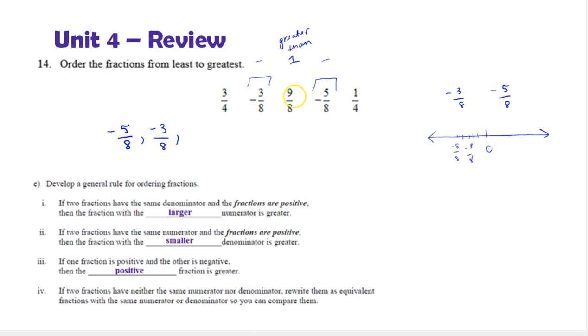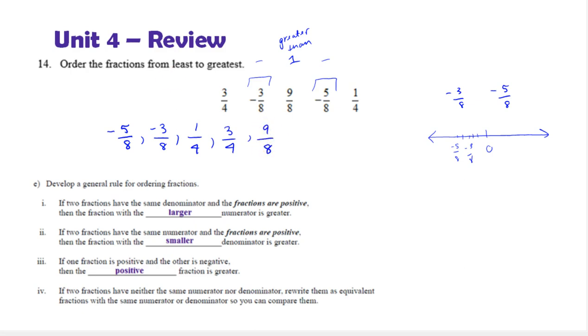So since 9 is bigger than 8, this is an improper fraction. Here, these are both proper fractions between 0 and 1, so I know they're smaller. Okay. 1/4 is less than 3 copies of 1/4, so our next number is 1/4. Then we have 3/4, and our largest number is 9/8.